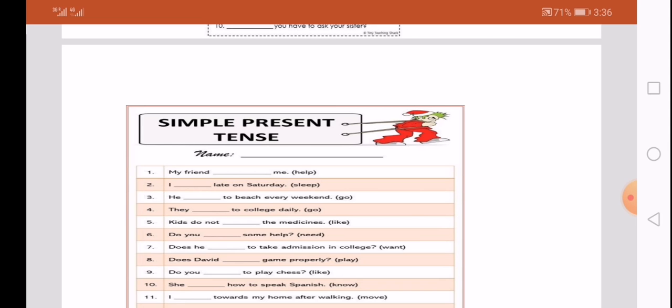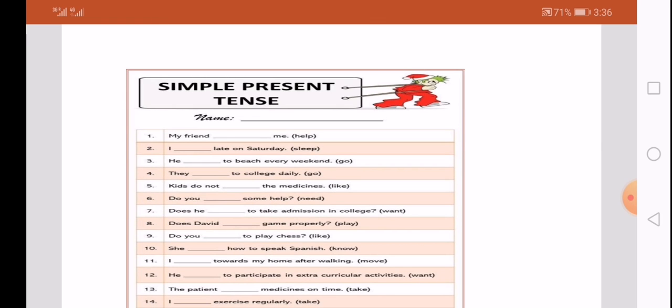Why? Because the sentence starts with my friend, only one person. So as a rule you have studied here. For number two, I sleep late on Saturday. The verb sleep doesn't take S. Why? Because the subject is I, which is counted as a plural pronoun.